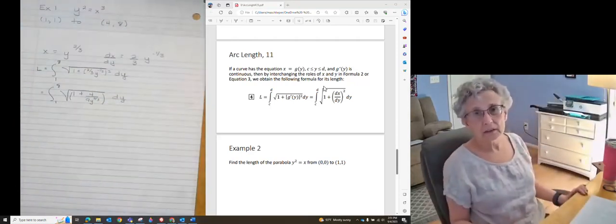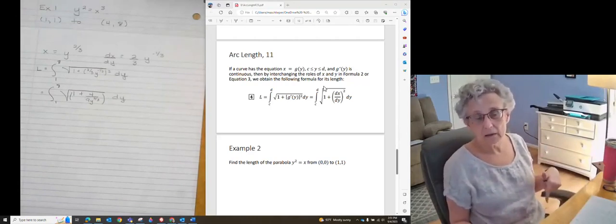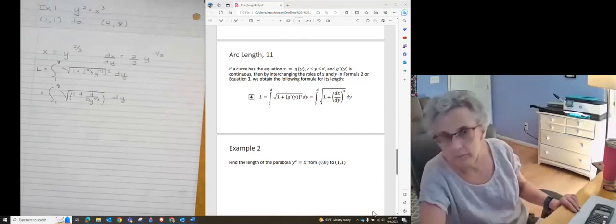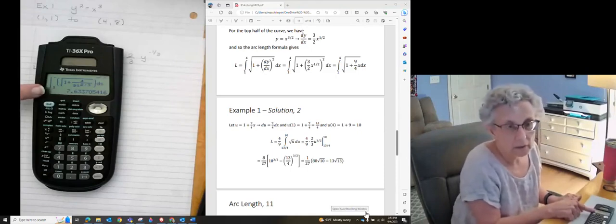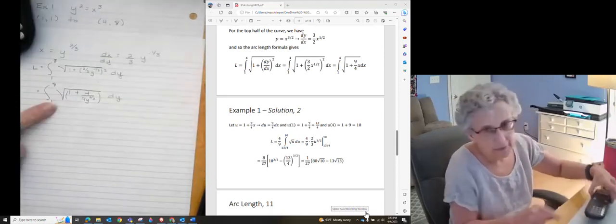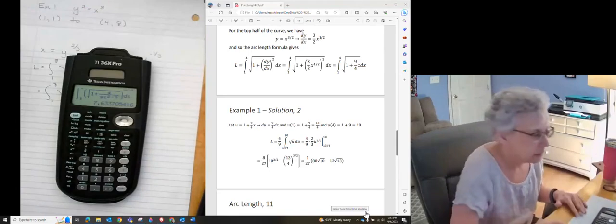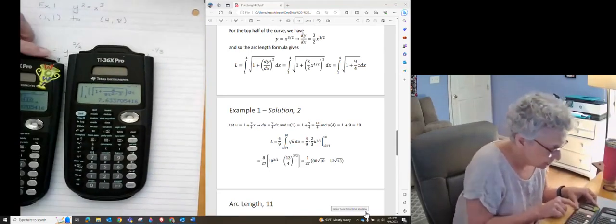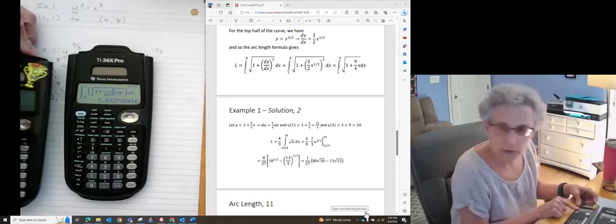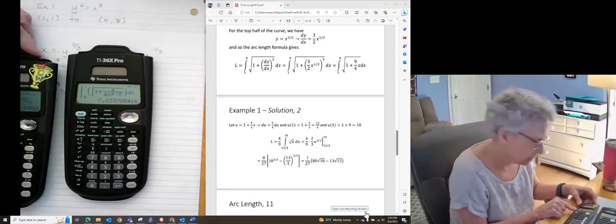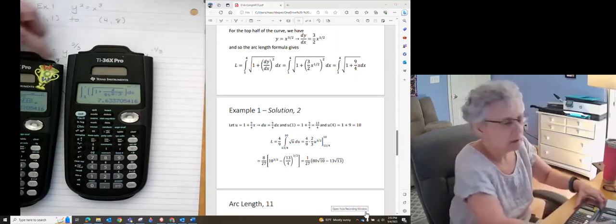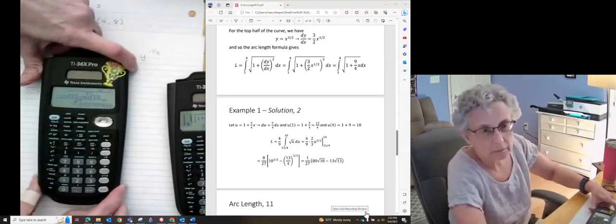That's not as friendly to integrate, but I'm going to plug it into my calculator and see that I will get the same answer. Okay, I plugged the integral in. Your calculator makes you use x's, even though I have it written down with y's. That's okay. And then I just plugged in negative 13 times the square root of 13 plus 80 square root of 10, divided by 27 into my other calculator.